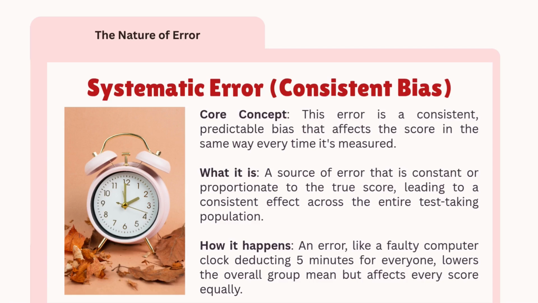Because everyone exactly loses 5 minutes, the overall mean score of the entire group will be lower than it should be. And so the test scores are now biased because they are inaccurate. But since the same 5-minute handicap is applied to every single person, the relative ranking of the individuals is still preserved.